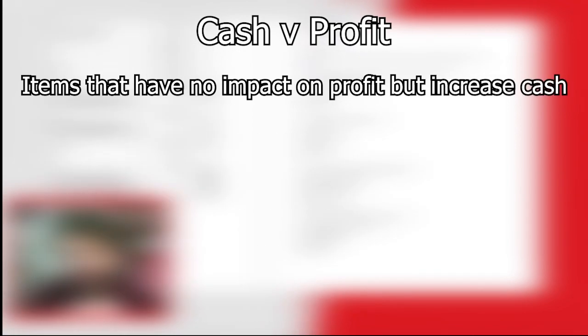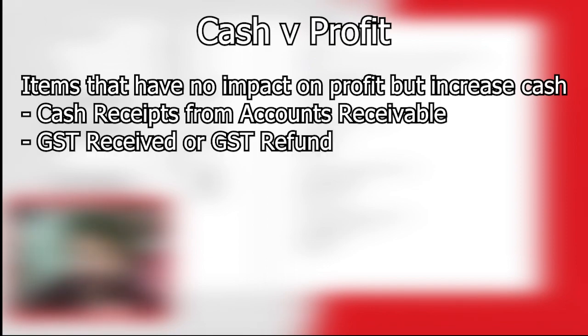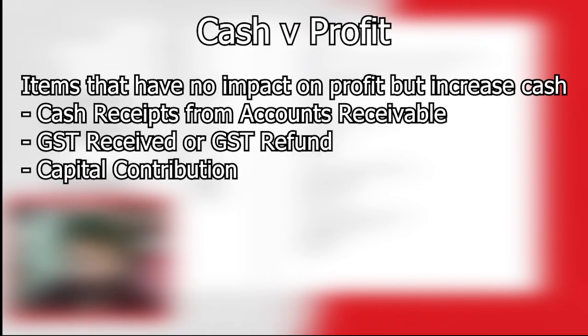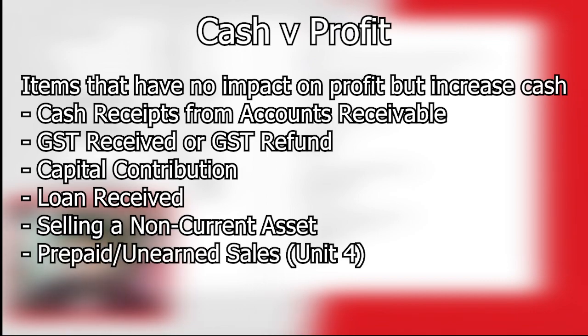And items that can lead to a cash increase but aren't considered a revenue: this is cash received from accounts receivable, any GST received, GST refund, capital contribution, loan received, selling a non-current asset. Prepaid sales is the other one as well, but again, we looked at that in Unit 4. So just be aware of those four categories because they will come up.